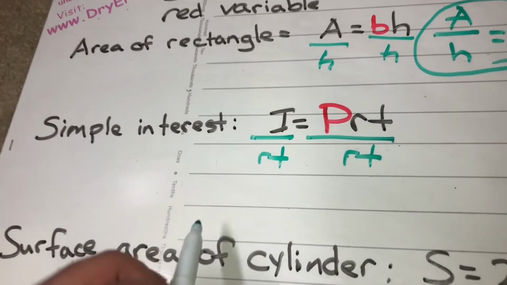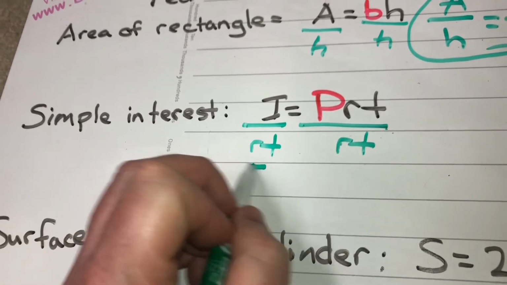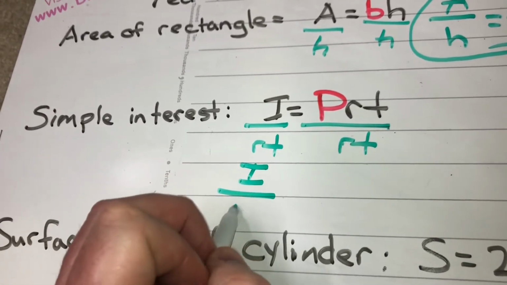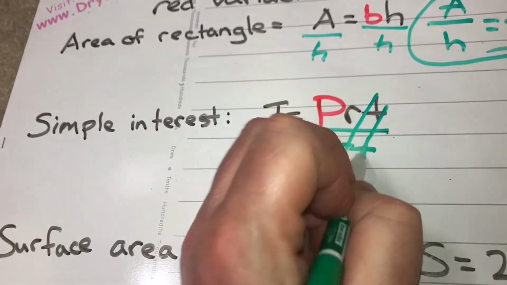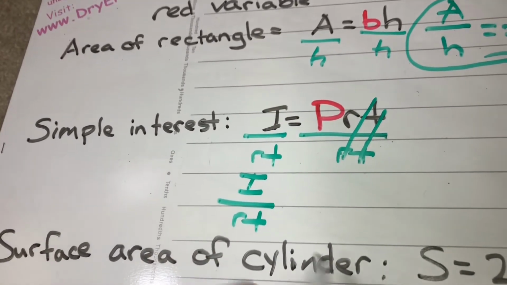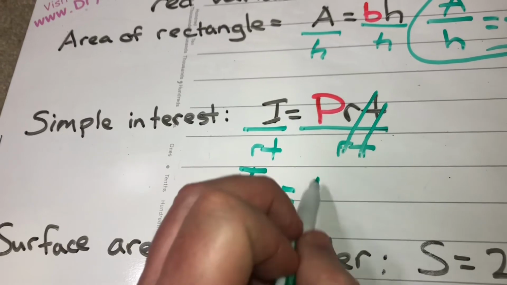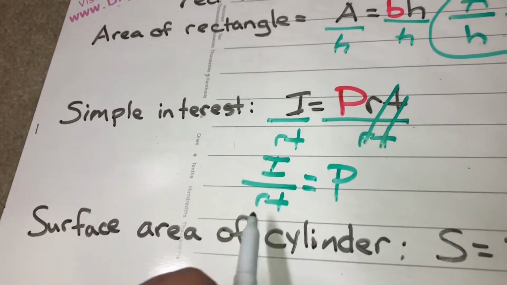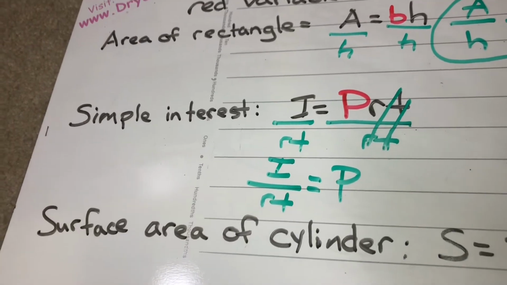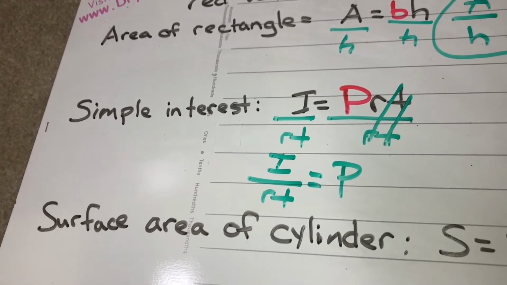All right? Which leaves me with interest over rate times time. That's going to cancel itself out, the R and the T. That's just going to be 1. That's going to equal the principal. Interest divided by whatever the product of the rate and the time are, those two multiplied together, equals the principal.